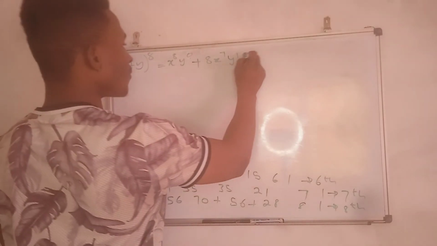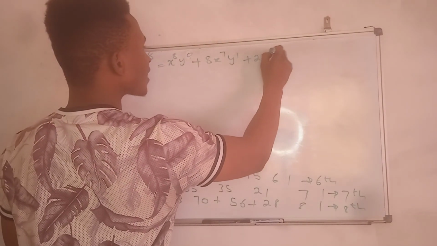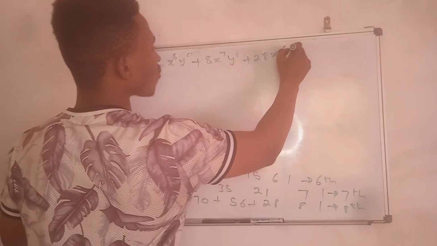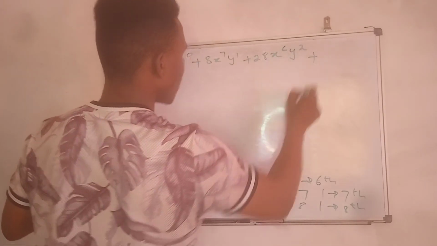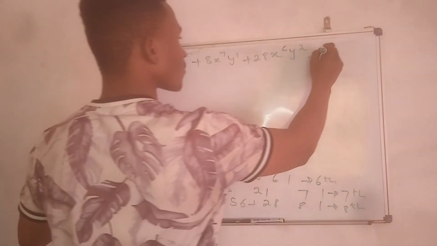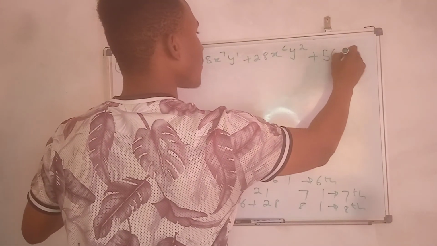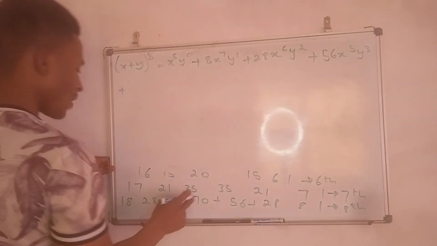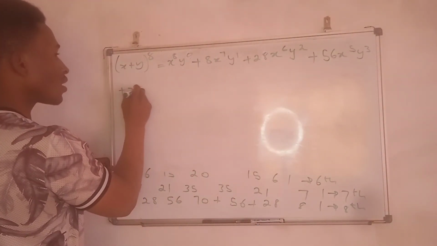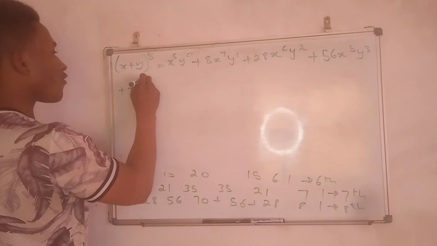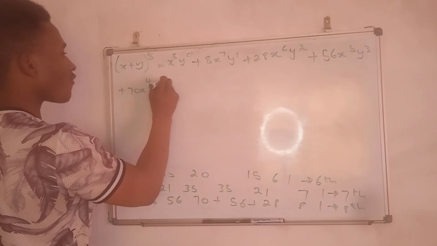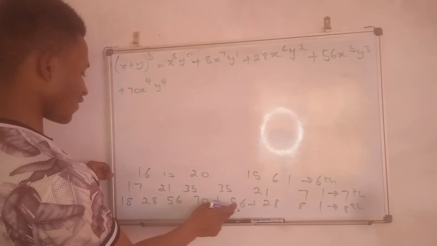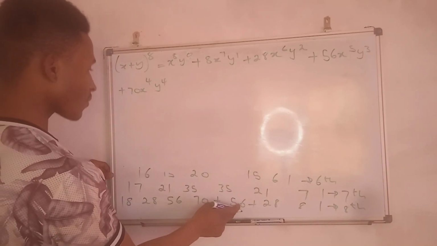And then next I am having 28, x to the power 6 because it is decreasing, but y to the power 2, plus 56, x to the power 5, y to the power 3, plus 70, x to the power 4, y to the power 4, plus 56. This is 56 that I'm having here.